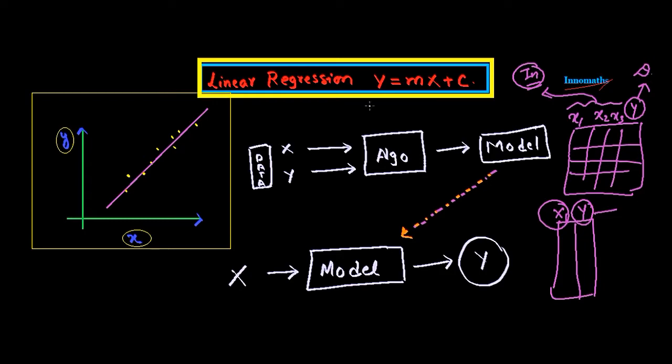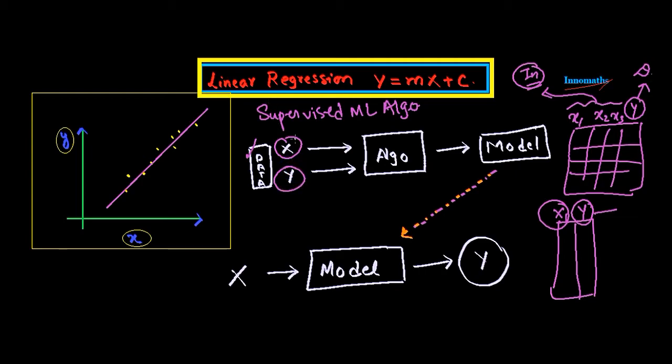Okay, so linear regression is basically a supervised machine learning algorithm. Okay, supervised machine learning algo, and it works like this: we have data, and in the data we have our attributes or independent variables and we have our dependent variable.